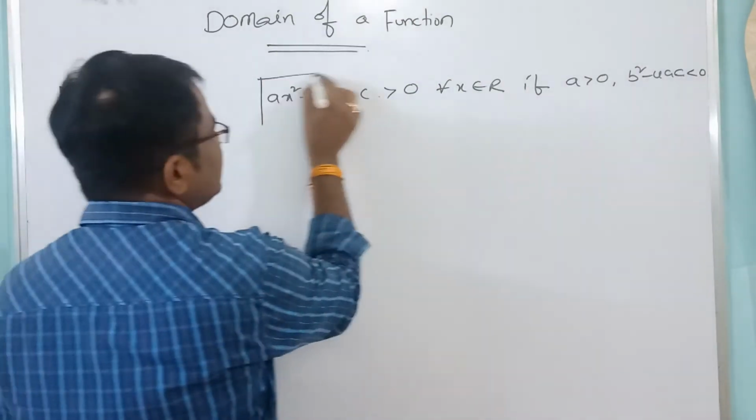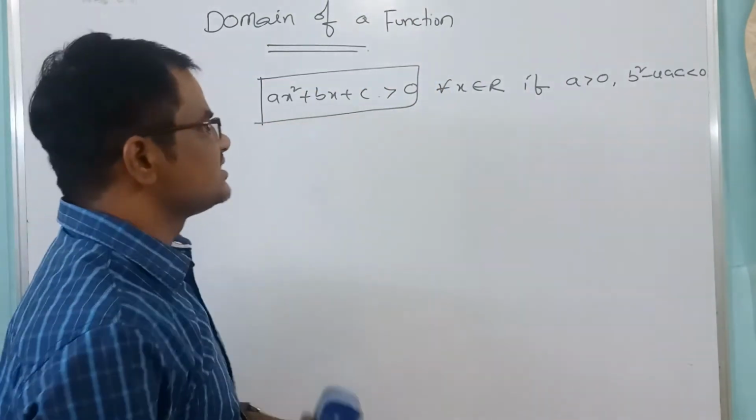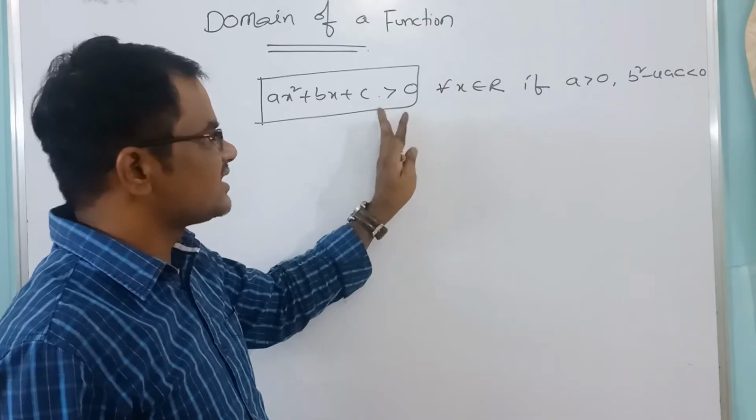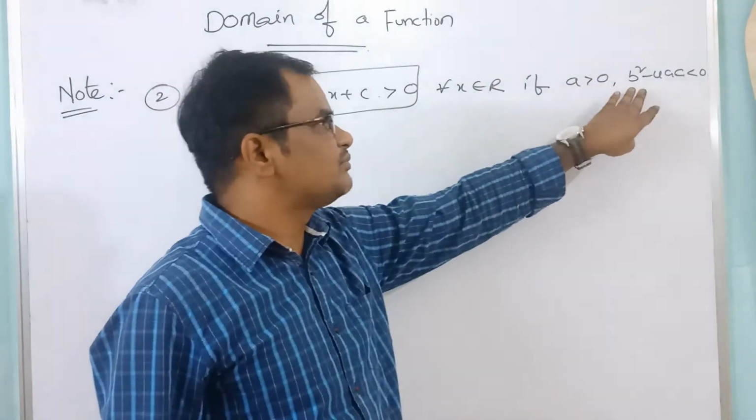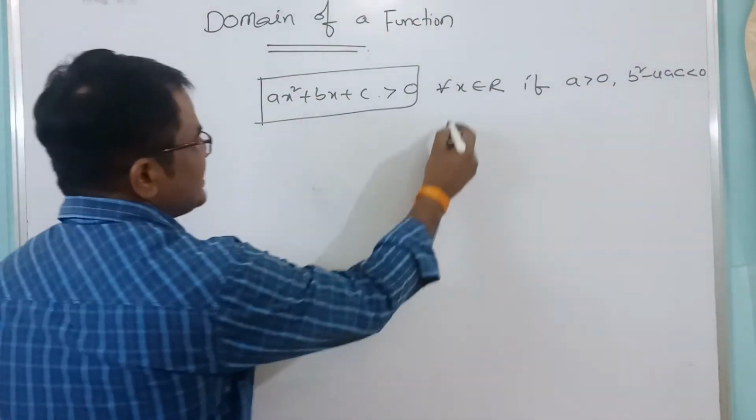A quadratic expression is always greater than 0 for all x belongs to real numbers when a is greater than 0, b square minus 4ac less than 0.